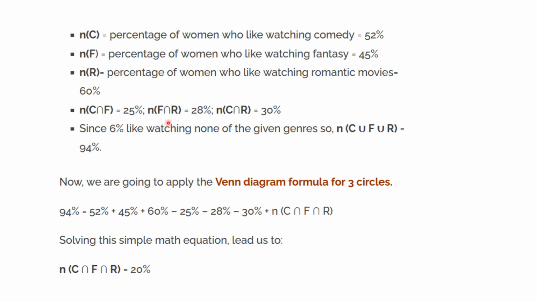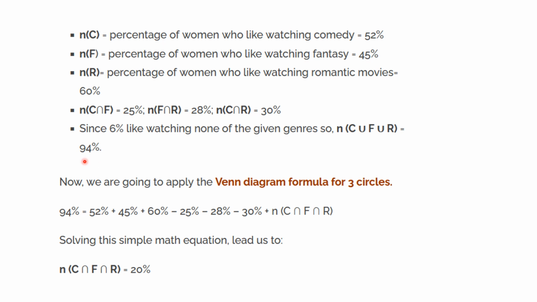The number in fantasy and romance was 28%. And the number in comedy and romance was 30%. Now 6% liking none of these, so the number in the union doesn't add up to 1. It adds up to 1 minus the 6%, or 94%.